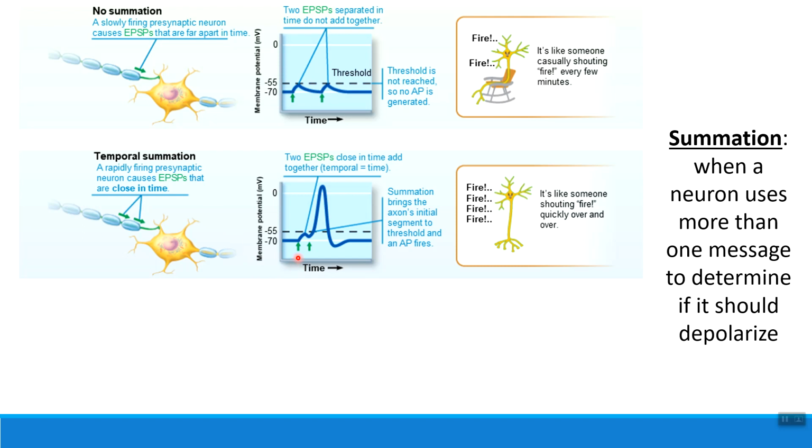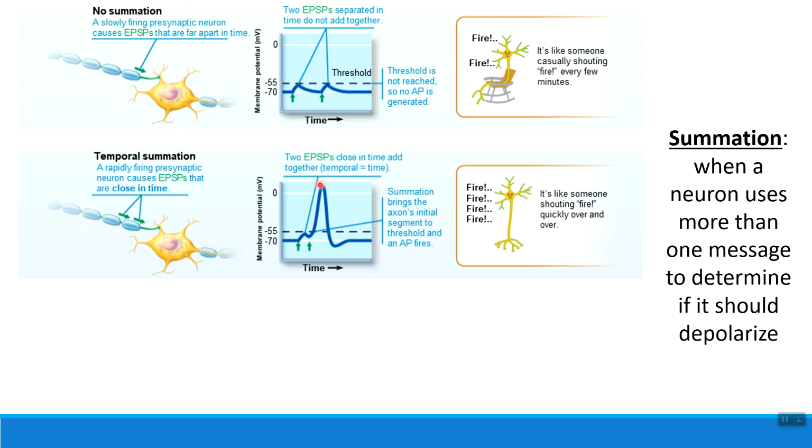I've received my first message from the neuron. My membrane charge went up a little bit, not quite enough for me to go all the way, but I receive another message from that same neuron, and I open up channels for that message too. When I open those channels, I do hit threshold, and at threshold, I completely go positive.